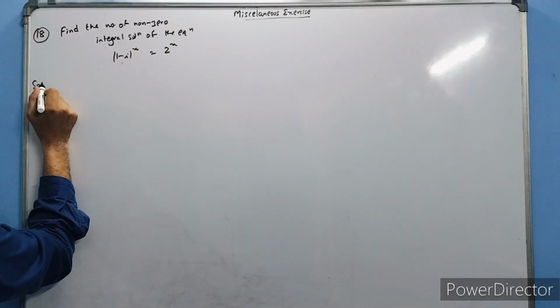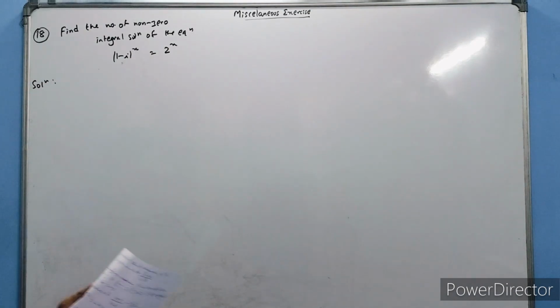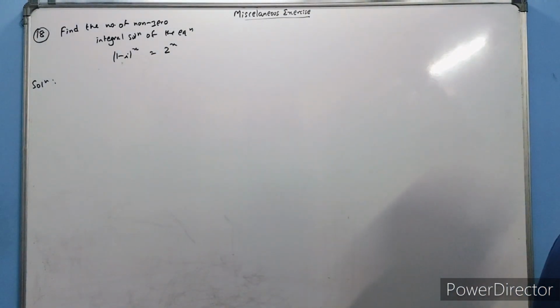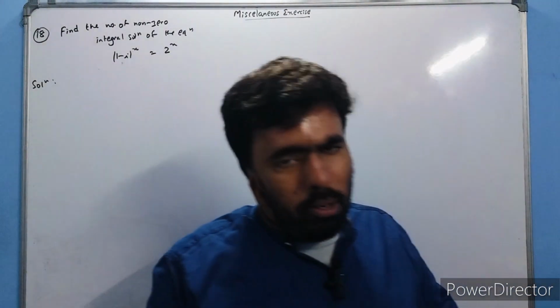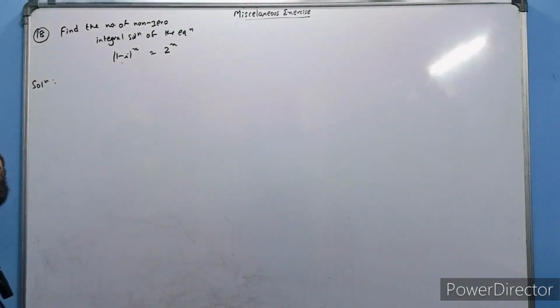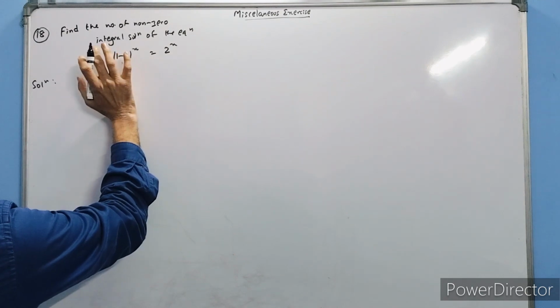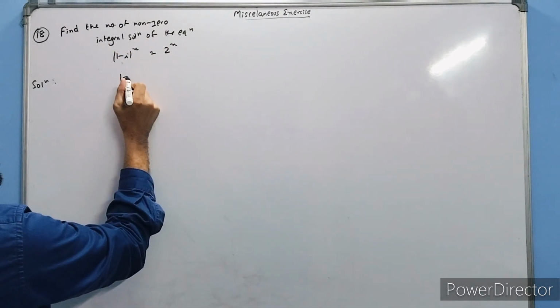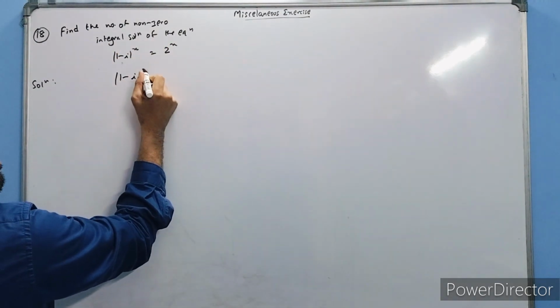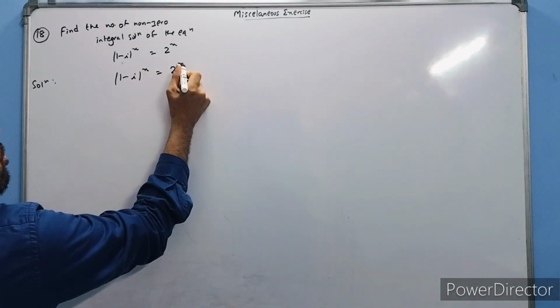Okay, so let us see how we can easily solve this kind of question. What they have given is that we need to find the number of non-zero integral solutions of the equation (1 minus i) to the power x equals 2 to the power x.